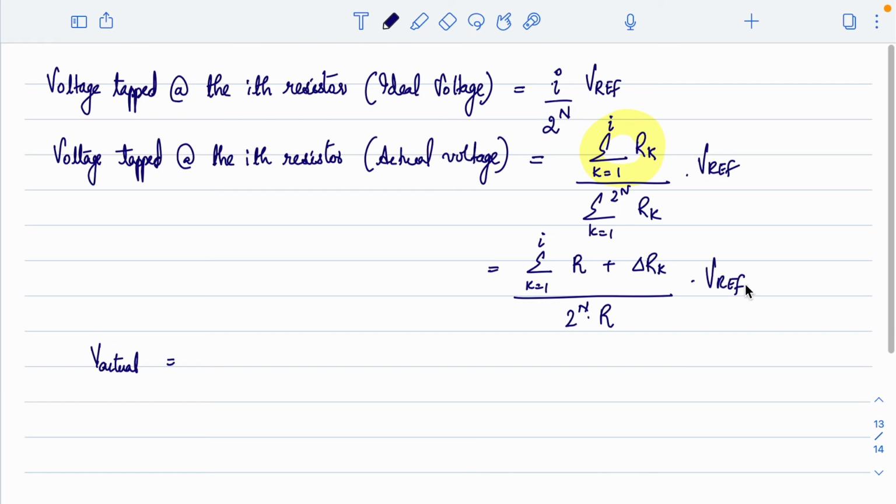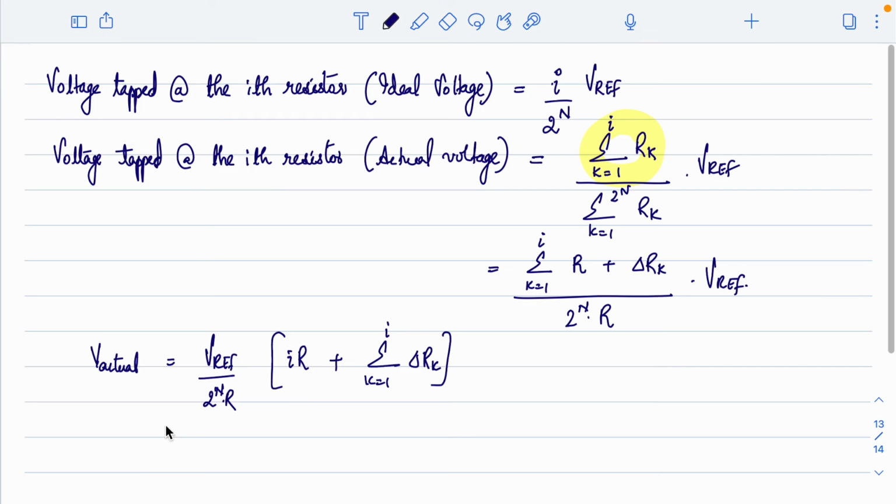This can be further written as V ref divided by 2 to the power of n into R. And what is there inside? Summation k equal to 1 to I. So that will give you I into R plus the next summation, that is summation k equal to 1 to I of delta Rk. This is how we can write this expression.